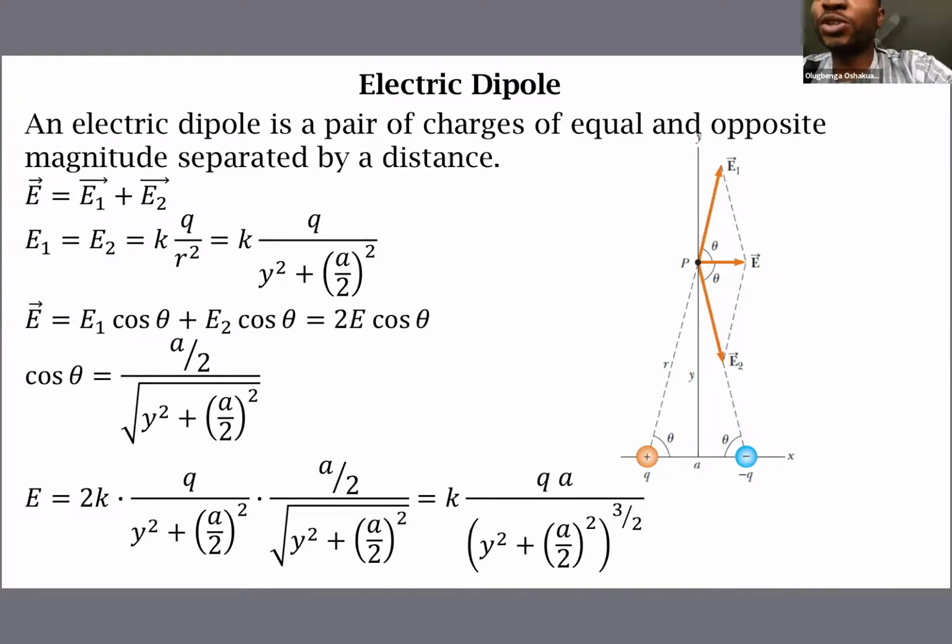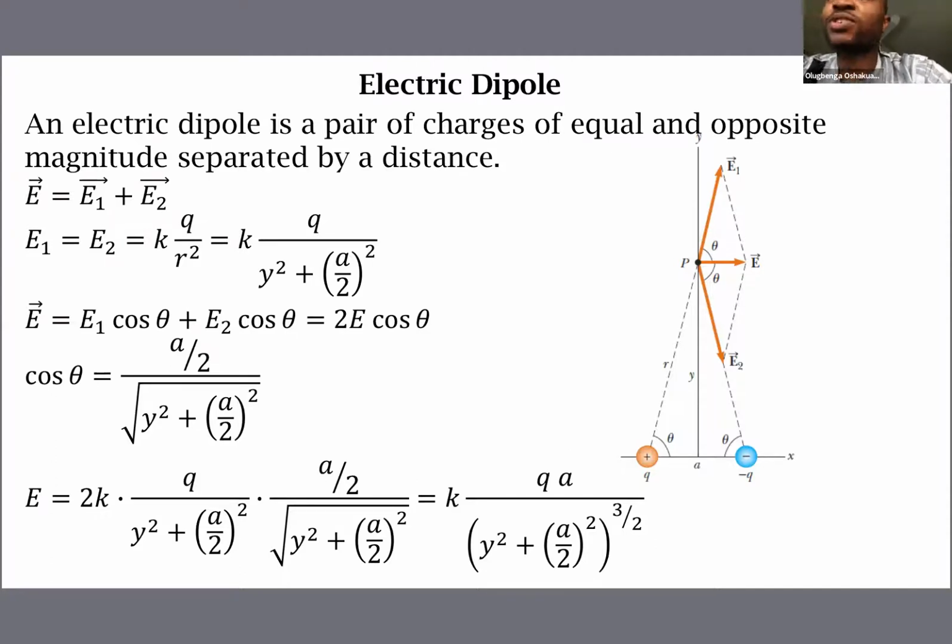For instance, an electron has 1.6 times 10 raised to power minus 19 coulomb as its charge. Similarly, the proton also has a charge of 1.6 times 10 raised to power minus 19 coulomb. Those are examples of equal charges, but the charge of an electron is negative while that of a proton is positive. That means a proton and an electron have opposite charges.